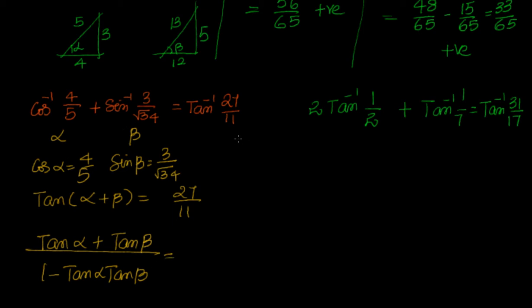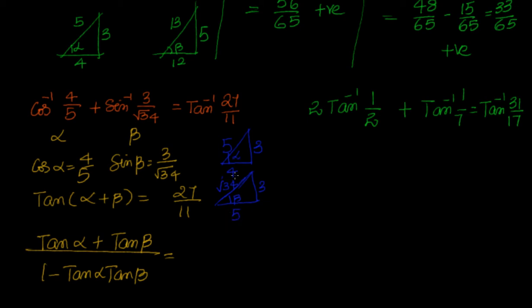So I can draw the right angle triangle for alpha and beta here. This is alpha and this is beta. Cos alpha is 4 by 5. So this is 4, 5. I'll get here 3. Similarly, sin beta is 3 by root 34. So I'll get here 5. So you have all the values now.